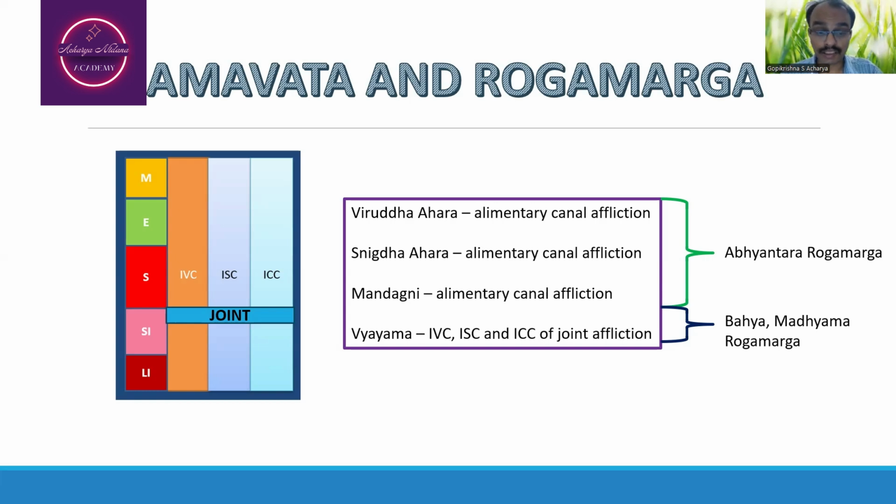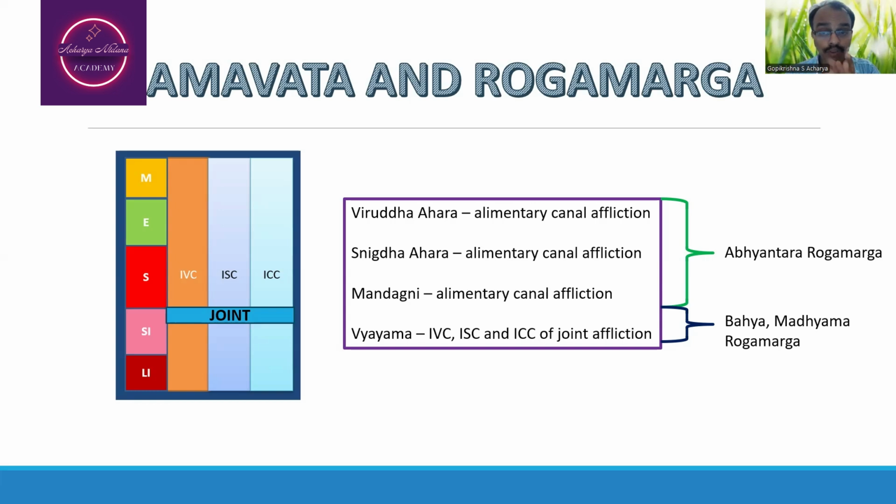After that, these macromolecules start entering the interstitial compartment of the joints, and later the intracellular compartment of the joints is afflicted. In that way, Bahya Roga Marga and Madhyama Roga Marga are afflicted. So when you think about the description of rheumatoid arthritis, we equate it with the description available in the context of amavata.